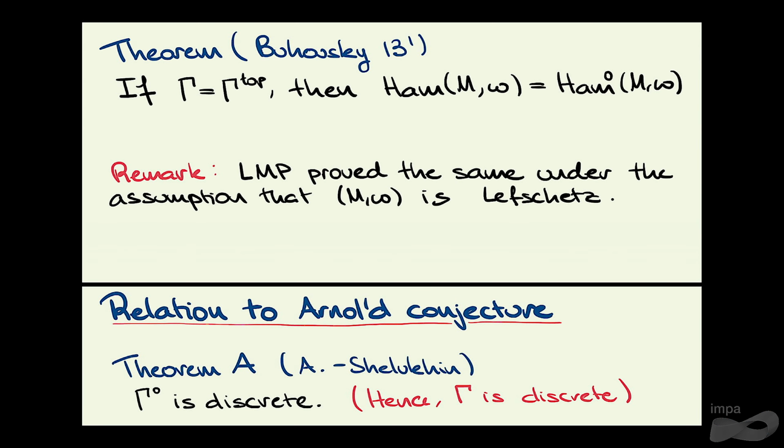And like I said, this does not imply the C0 flux conjecture, but it does give a strong indication. You can think of it as a weak C0 flux conjecture, because it gives you quite a good indication that it is true in general. We do prove the C0 flux conjecture in some new cases, which I'll go over in the end. But the result I want to focus on today is the discreteness of gamma 0.